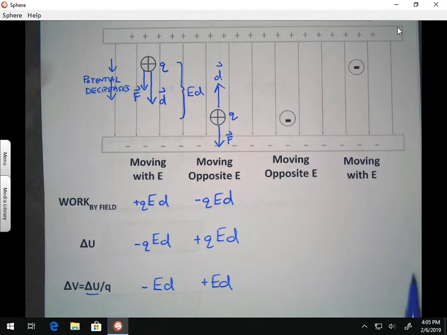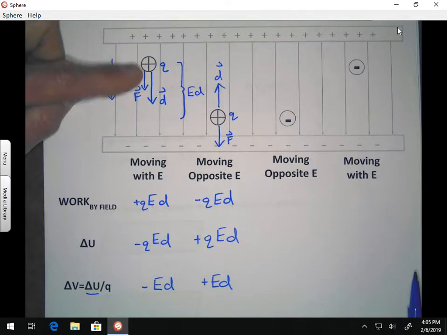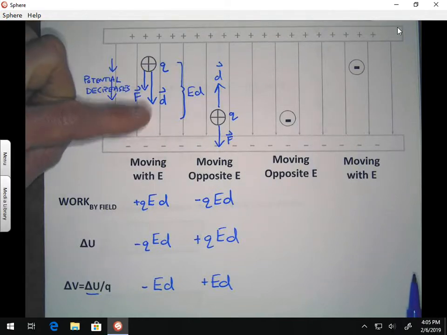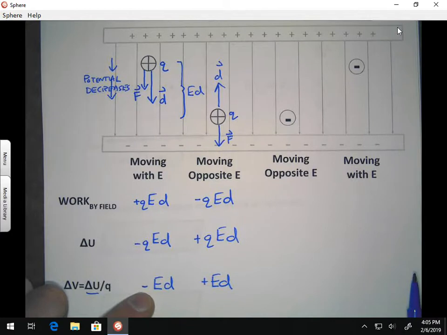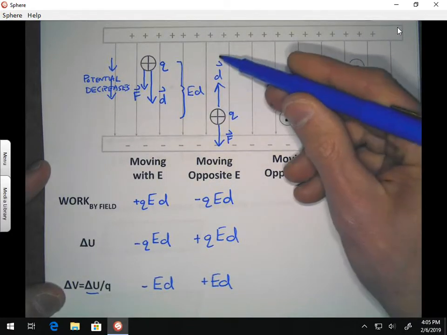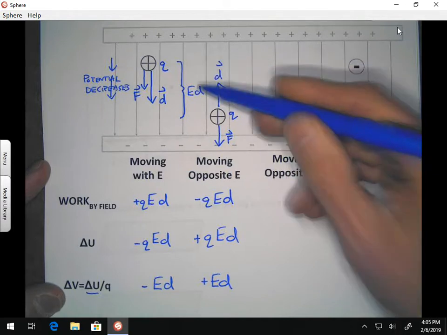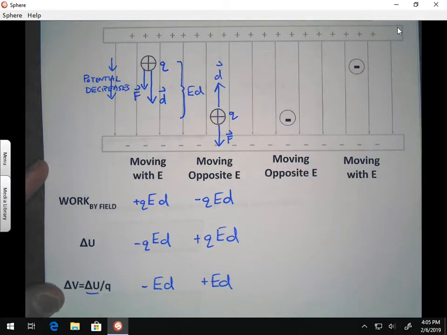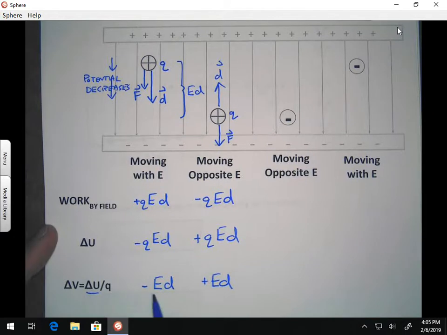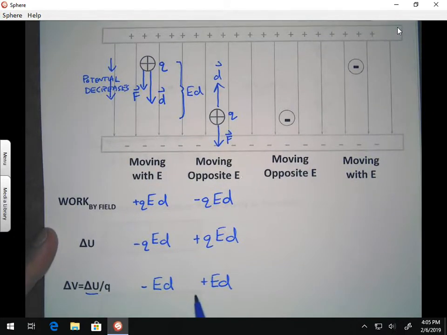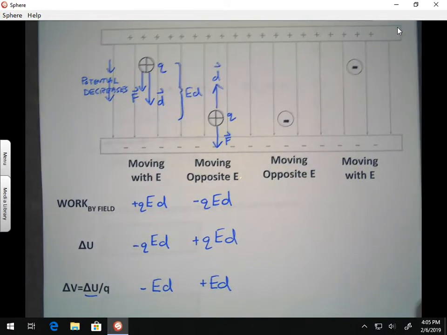So if you're starting up here with a positive charge and you move with the field, the potential drops by Ed. It's a negative Ed. If you're starting down at the bottom and moving up, the potential is going to increase by Ed. That's your plus Ed, and that's a pretty important thing. So the change in voltage in a uniform field is going to be equal to Ed.